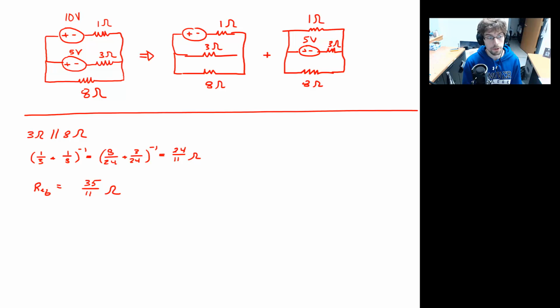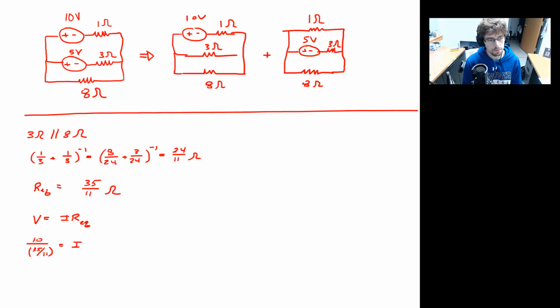Well, now I can apply Ohm's law. I've got the potential 10, so I can find the current coming from that 10 volt source. I get a current of 10 divided by 35/11. So we get that compound fraction going.